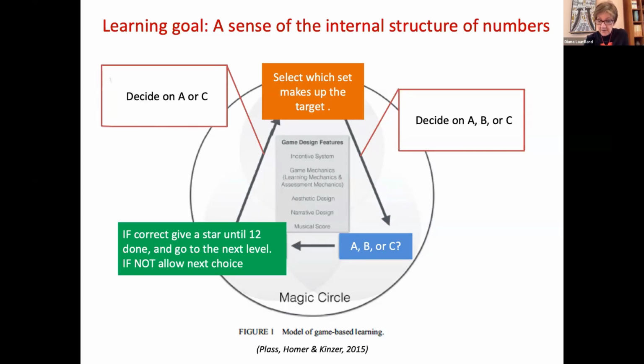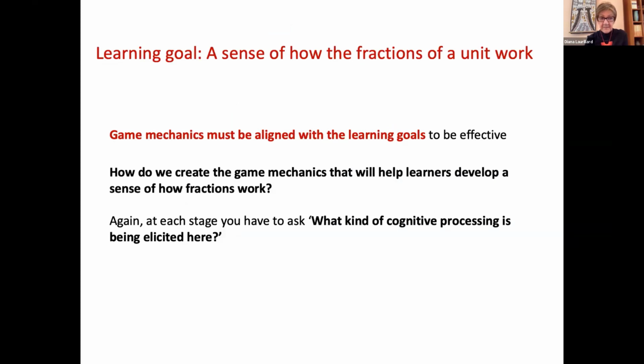And if it's wrong, then they have to decide between the 2 choices now left, and that's all. Now, of course, they may think hard about it, but that kind of complex analytical thinking is not elicited by the game mechanics. And that's really what we're trying to do in any kind of game design.